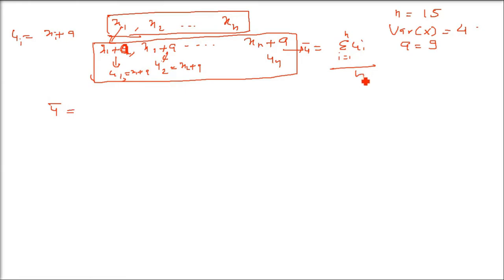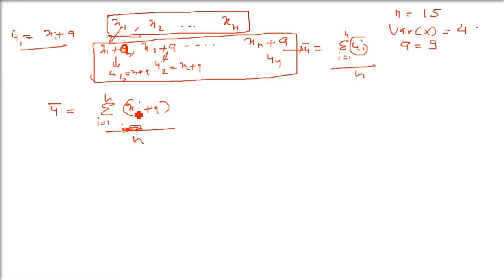So sigma ui by n is the mean of the second list. But what is ui? ui is xi plus a, so replace ui by xi plus a. I am writing xi plus a, with i equals 1 till n, because this is the formula of your mean: sigma i equals 1 to n of (xi plus a) by n.